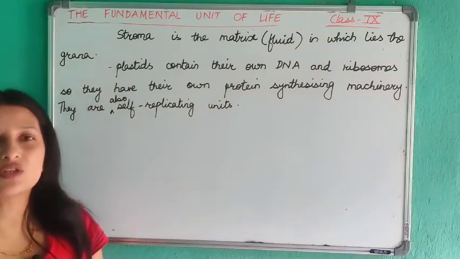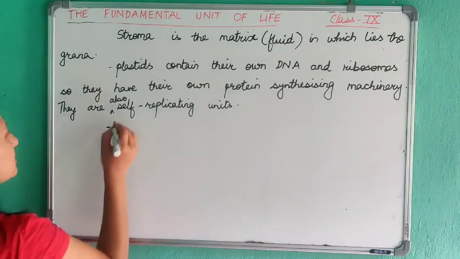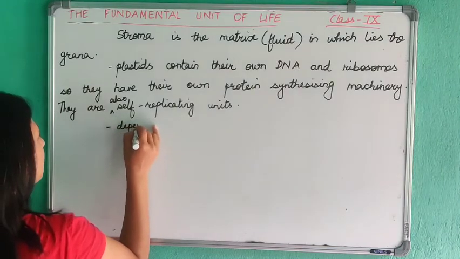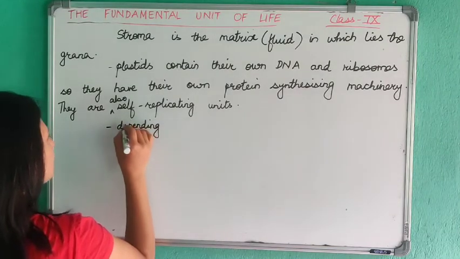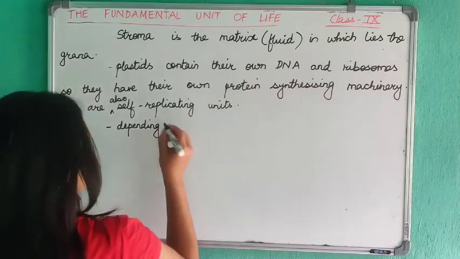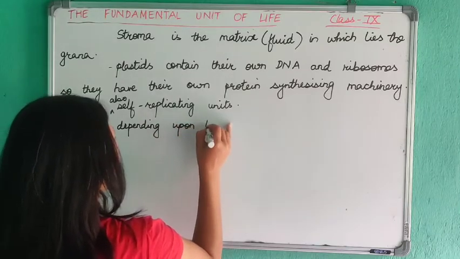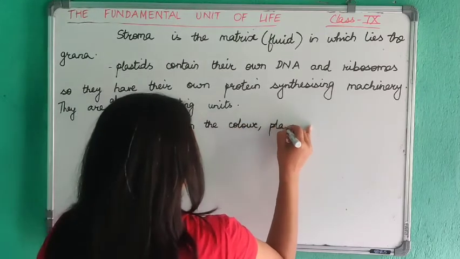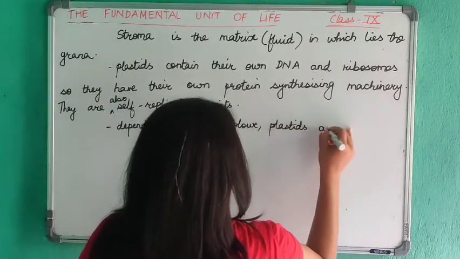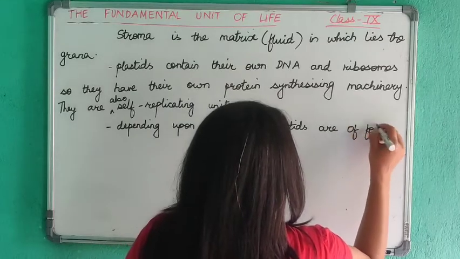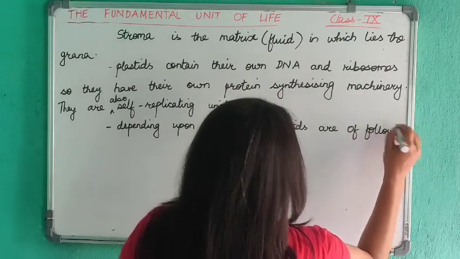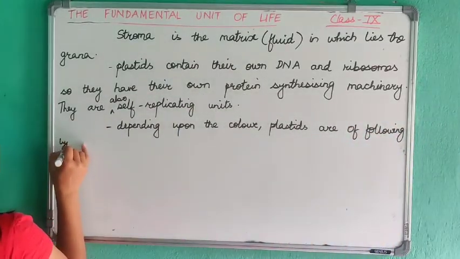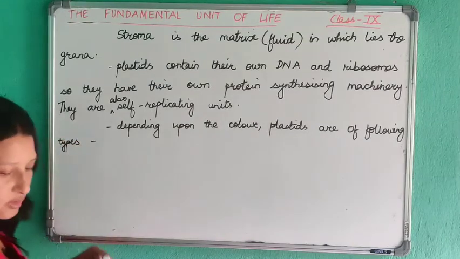Okay. Now, depending upon the color of plastids, plastids are of three types. What are those types of plastids? Okay, following types.